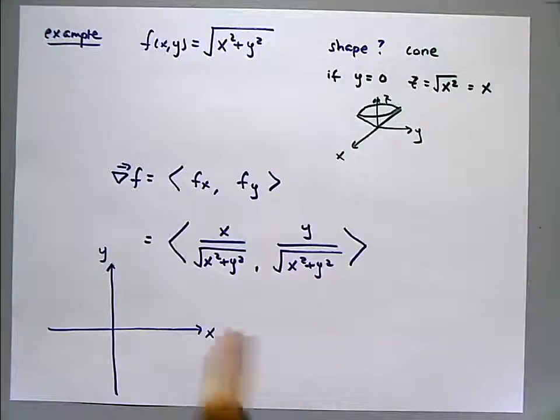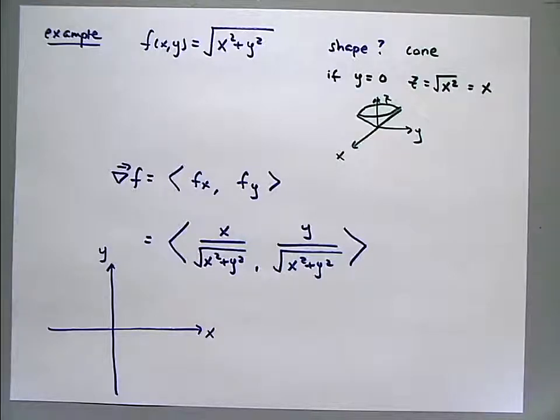So what is radical x squared plus y squared under the x and y? What is it doing to the vector field, to the vectors? Does it change the direction at all? No. What is it going to change? The magnitude, right.